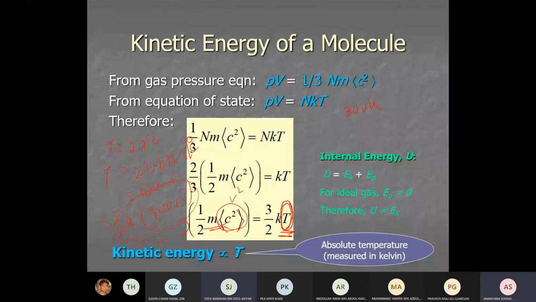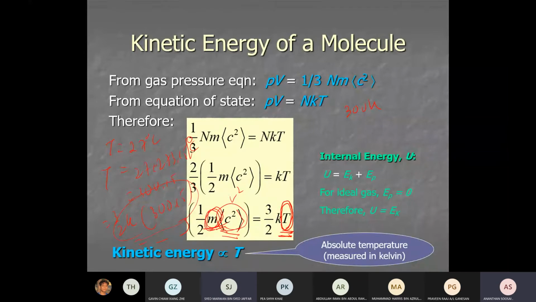Do they have the same mean square speed? They have the same kinetic energy because the temperature is the same. But they do not have the same mean square speed, because their mass is different.